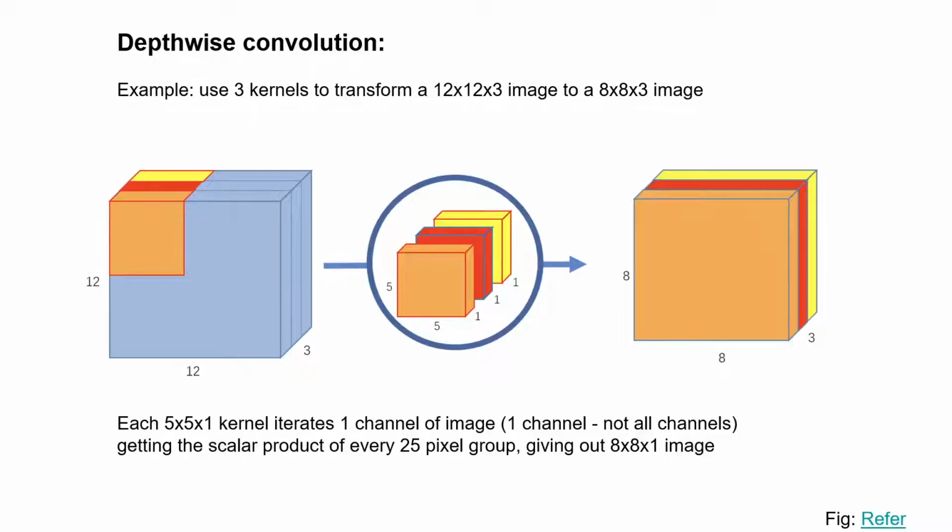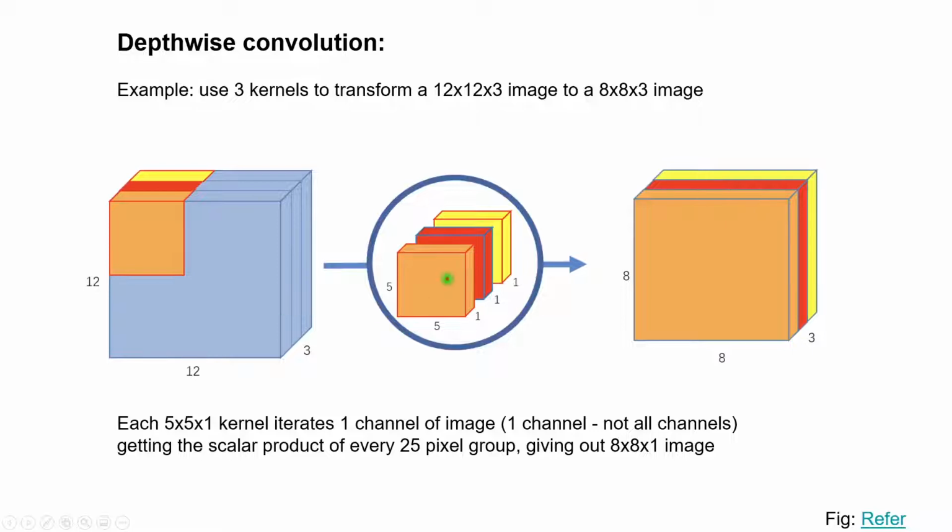If you just want to understand the intuition behind depth-wise convolution, usually when applying the kernel, you apply the same kernel to all the three channels. But in this depth-wise convolution, we apply the kernel at each channel level.